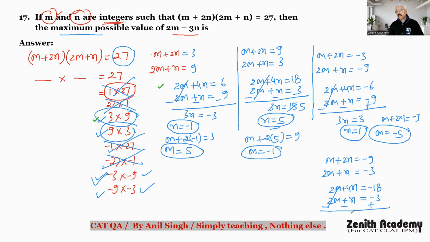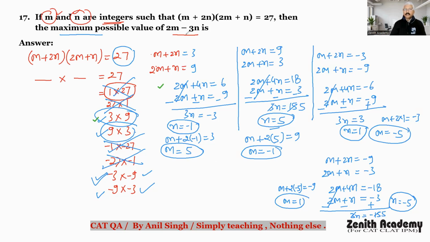So 3n is equal to minus 18 plus 3, minus 15. So n is minus 5. Then m plus 2 into minus 5 minus 9, means minus 10, m is 1. Now you have four sets of m and n values.